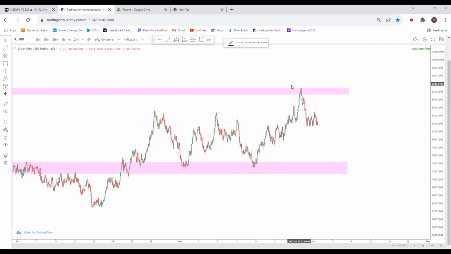The market turned at the resistance right here, and now it's been going to the downside.